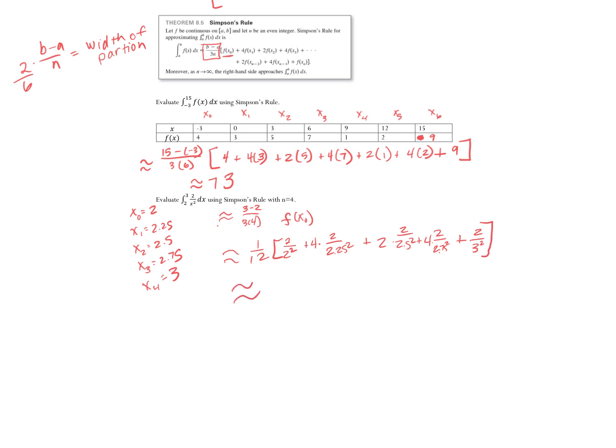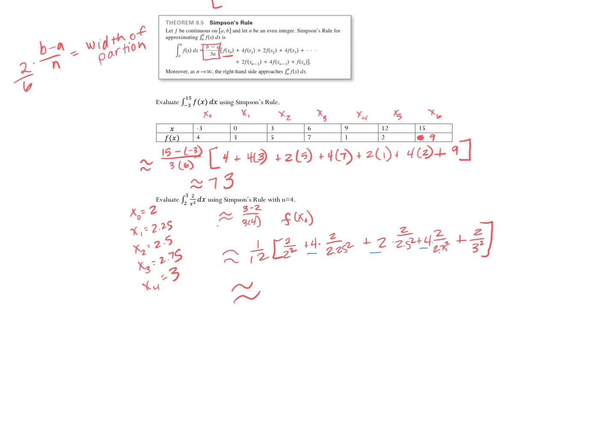Why is it 2x squared? Should it just be 2 times 2.75 squared? Oh, wait, I'm just misreading it. My bad. So we have 4, 2, 4. That's right. I mistook your 0.75 for an x. It looks like a wobbly x.